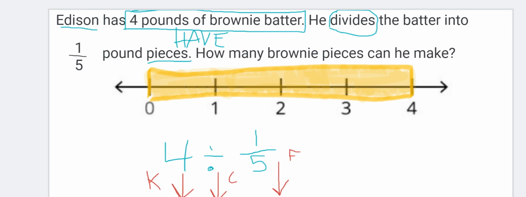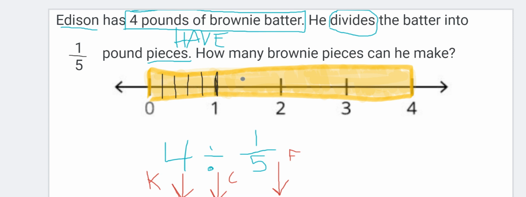Now that I have 4 pounds shaded in, because from 0 to 4 is shaded, I'm now going to split each whole into fifths, or 5 pieces. So I'm going to go 1, 2, 3, 4. And let's make sure I have 5. 1, 2, 3, 4, 5.